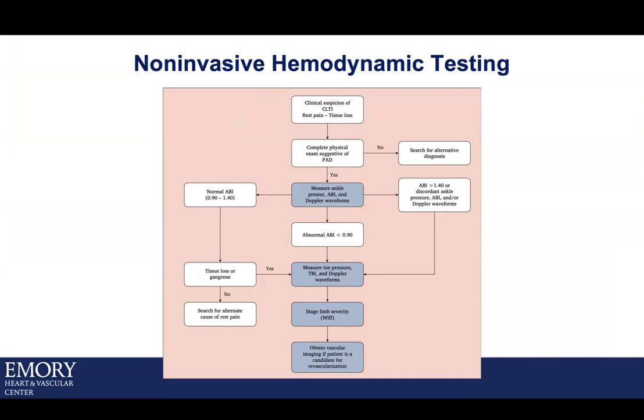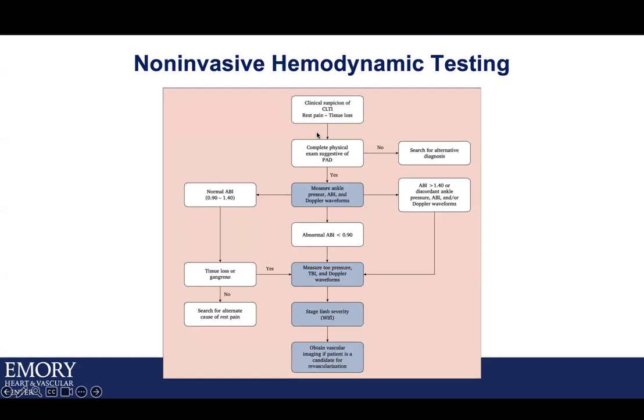You have to make sure that the Doppler waveform is not dampened, it's not flat, if the ABI is normal. And if the ABI falls and the waveform becomes dampened, then you have to really consider CLTI, and you have to think about performing other non-invasive hemodynamic testing, such as the toe pressure or toe brachial index.